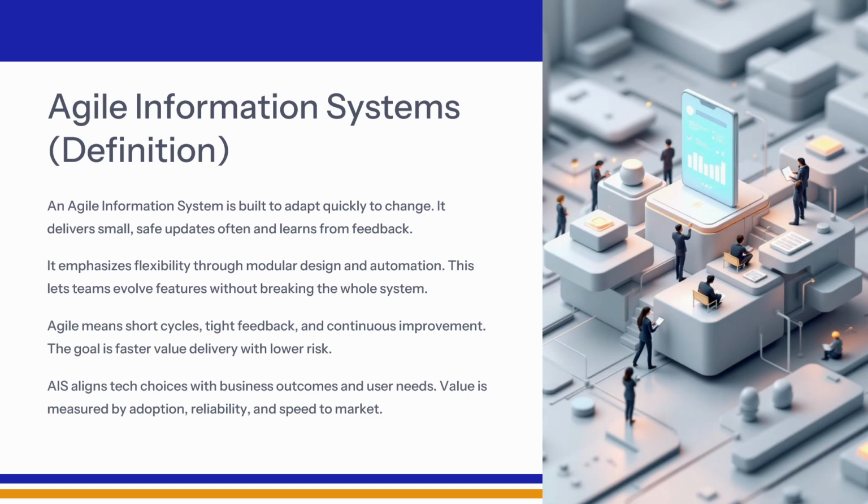Think of this system like a smartphone app that updates every week: small improvements, quick fixes, and always listening to what users say. It emphasizes flexibility through modular design and automation. This lets the team evolve features without breaking the whole system.